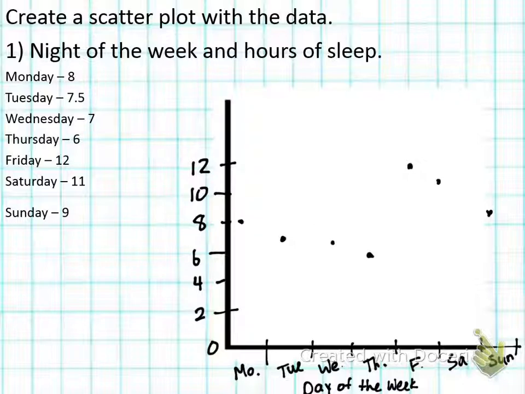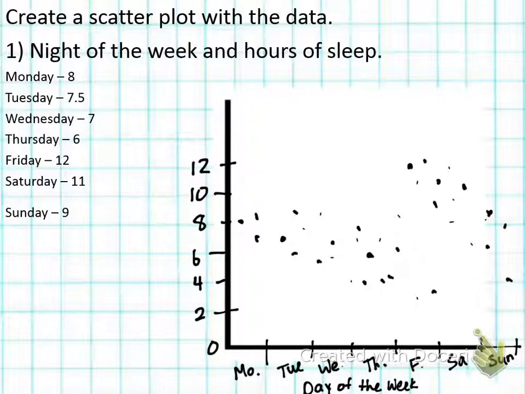Now, let's say I did this week after week and kept track of it, and I plot points as I go. Okay, maybe you could see that there's a trend, right?